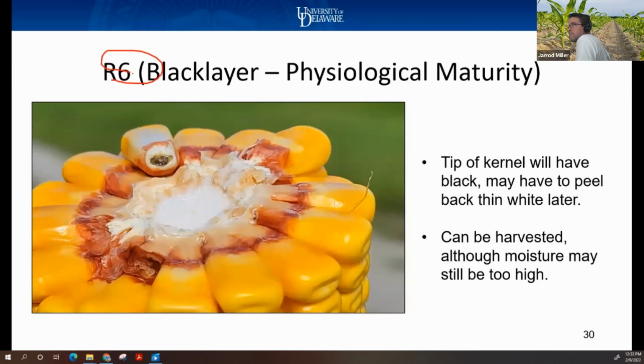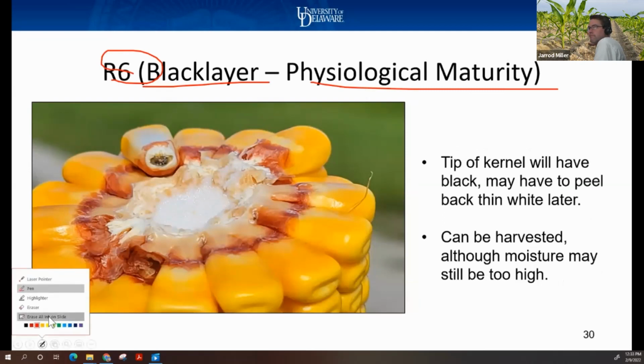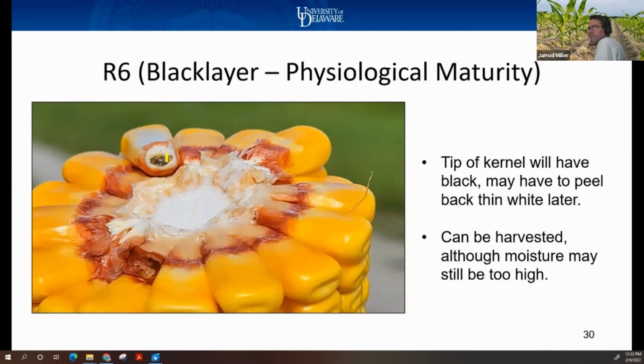Then we get to R6. This is what they call Blacklayer. It's physiological maturity. This stage, to be honest, everyone shows you these nice pictures of Blacklayer. It's not easy to see Blacklayer. And that's that black that we see right in here. And sometimes you actually have to pick off a little bit of the whitish substance to see it.